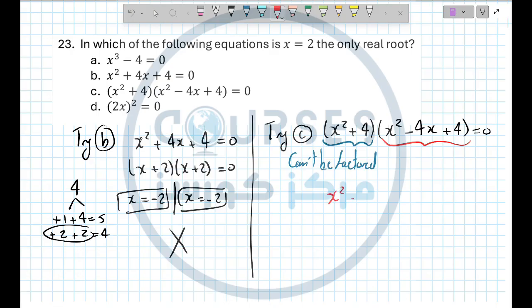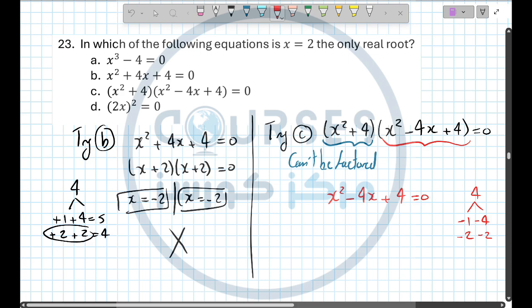So x squared minus 4x plus 4 is equal to 0. Factor the 4 again. 1 times 4, 2 times 2. Middle sign is negative, so the big is negative. Second sign is positive, so the small is similar to the big.